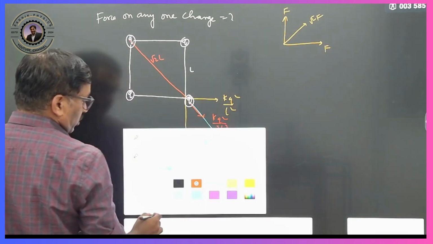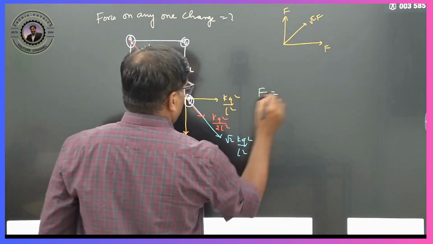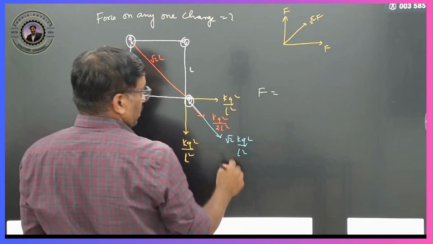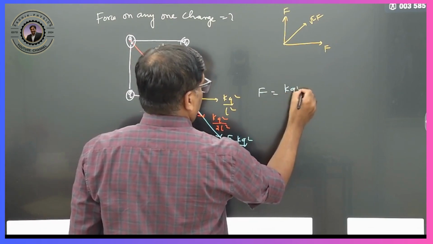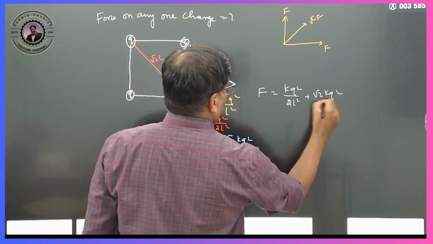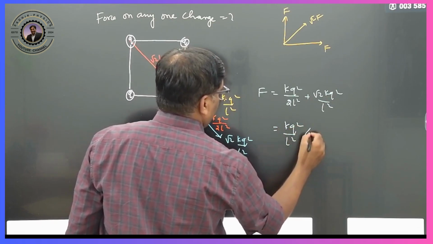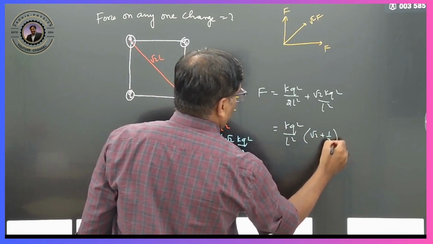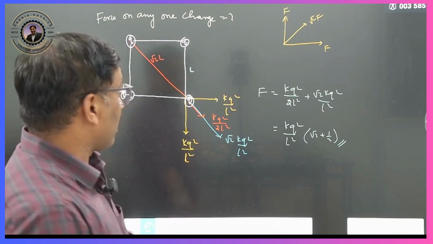So what will be the force on any one of the charges? The resultant is like this, and these two forces act in the same direction. So KQ square by 2L square plus root 2 into KQ square by L square. Therefore KQ square by L square into (root 2 plus 1 by 2) will be the force acting on this, and all are identical.